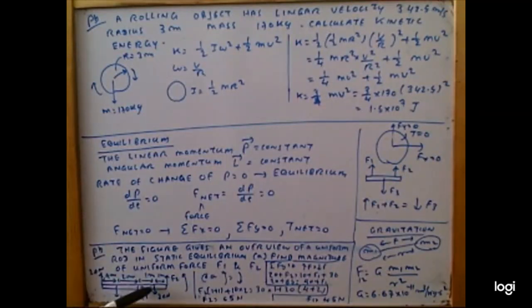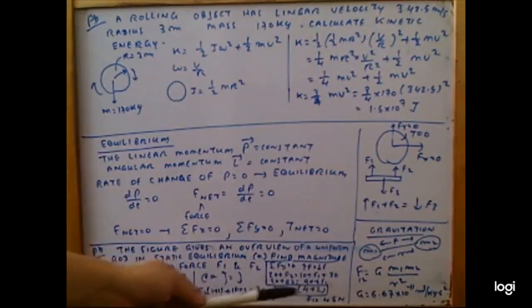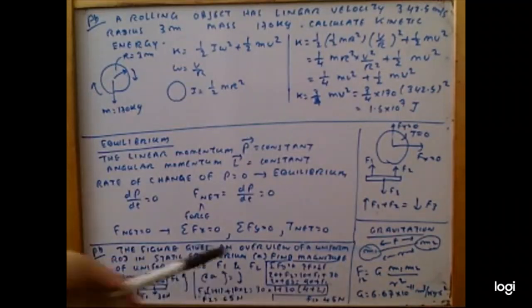F2 rotates clockwise, the distance is 1 plus 1. And this 10 rotates clockwise, multiplied by distance 2. The other side is the counterclockwise one: 30 Newton multiplied by 1, and this 20 Newton at distance 6, which is 4 plus 2. Counterclockwise equals clockwise, then you get F2 as 65 Newton.